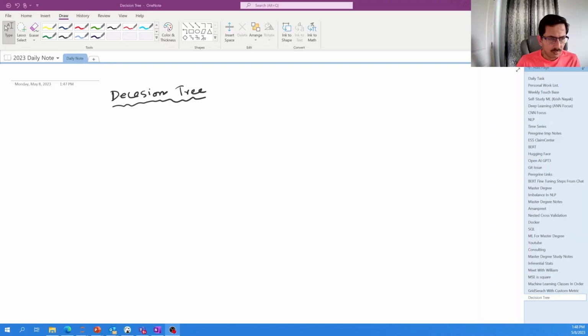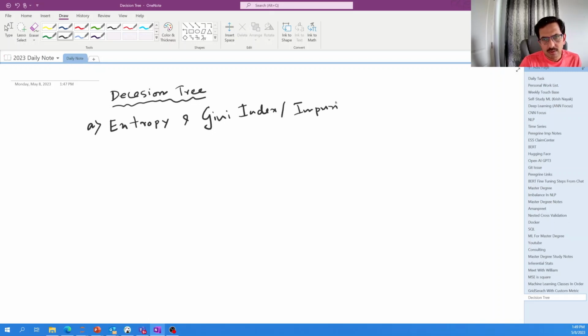Let's start the decision tree algorithm. Okay, so let's start about the decision tree. When we explain the decision tree, first remember a few terms, because these are the key terms. One is called entropy, another is called Gini index, or in some books it's called impurity.